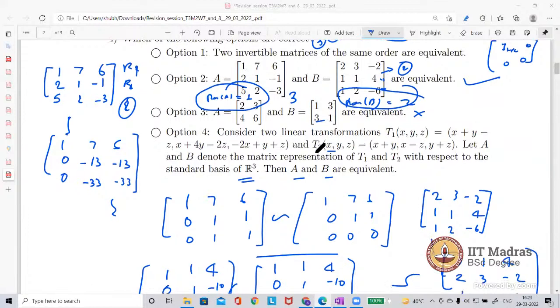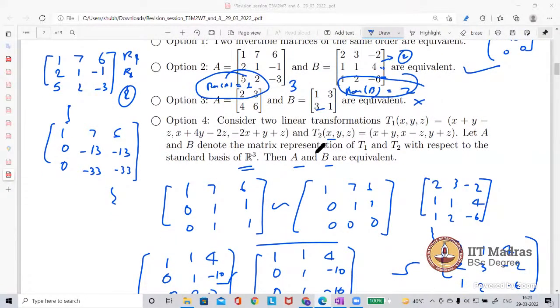The best way is to quickly find the matrix representations of T1 and T2, which are A and B, and very quickly decide the rank of A and B, and just done. Otherwise, if you know how to find the rank of a linear transformation, the rank of the linear transformation equals the rank of the representation matrix.